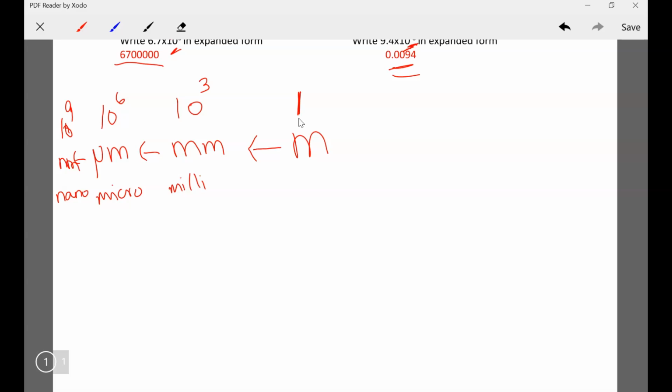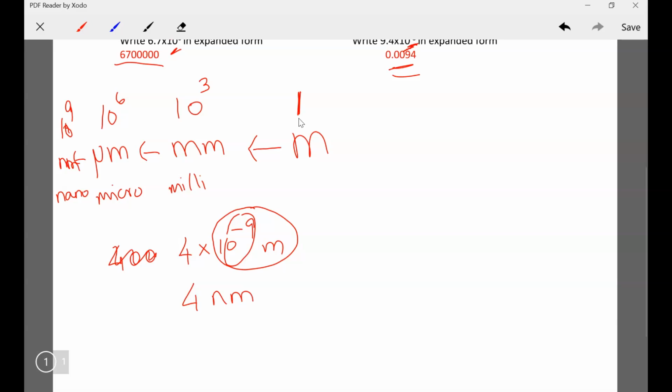So whenever you see a number like 400, or let's do another one. Let's just do 4 times 10 to the power of negative 9 meters. Right? What we can do is basically change this 10 to the power of negative 9 meters, which we know is 1 nanometer.